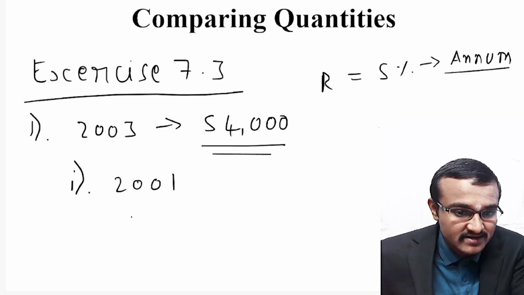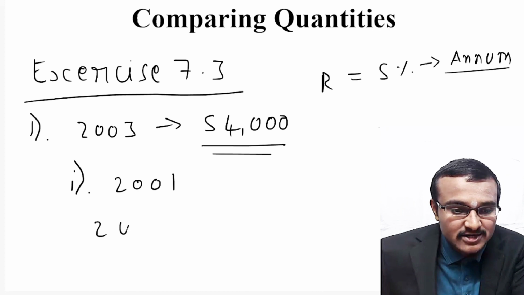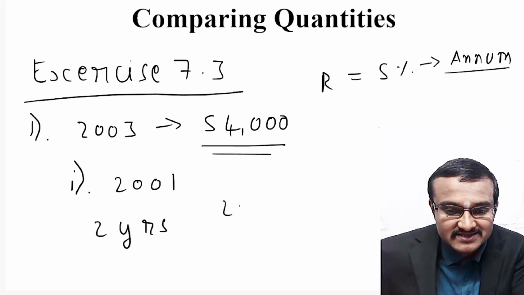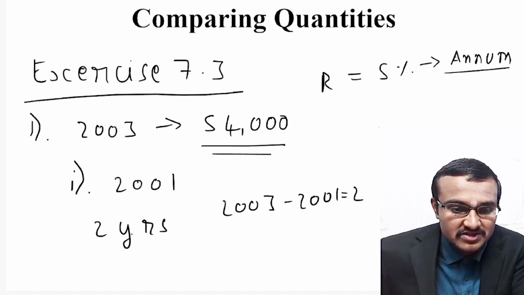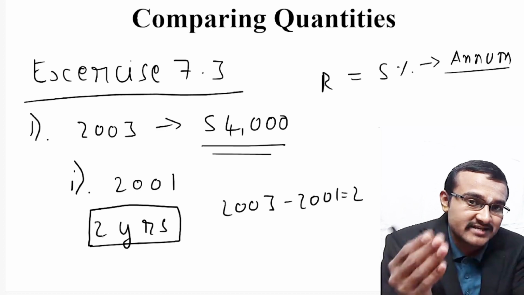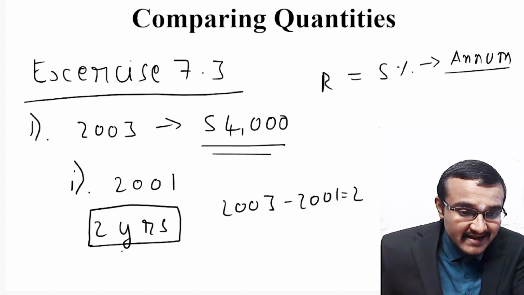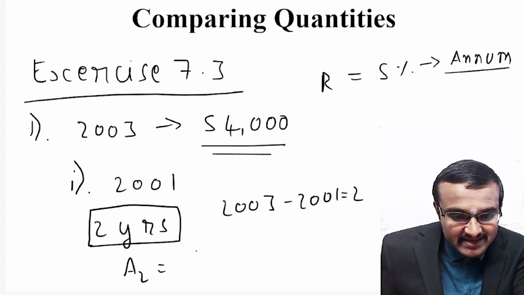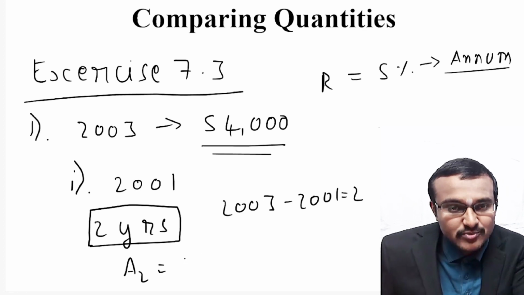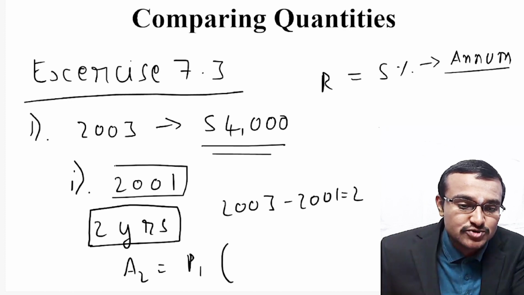Here the difference between 2001 and 2003 is 2 years. You can easily see 2003 minus 2001 is 2. That means 2003 is 2 years after 2001. So A2 will be equal to the first population P1.